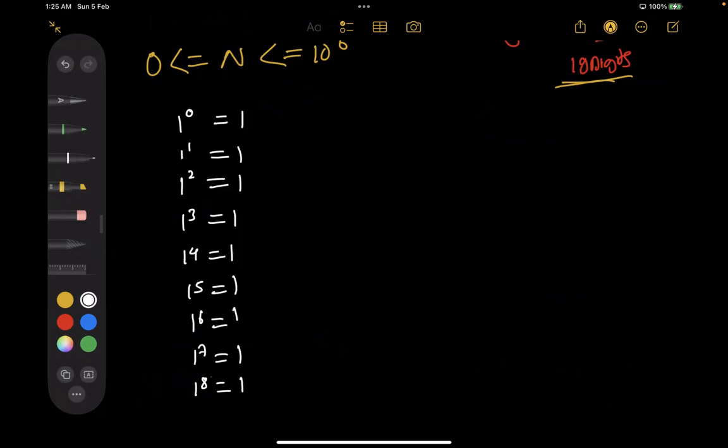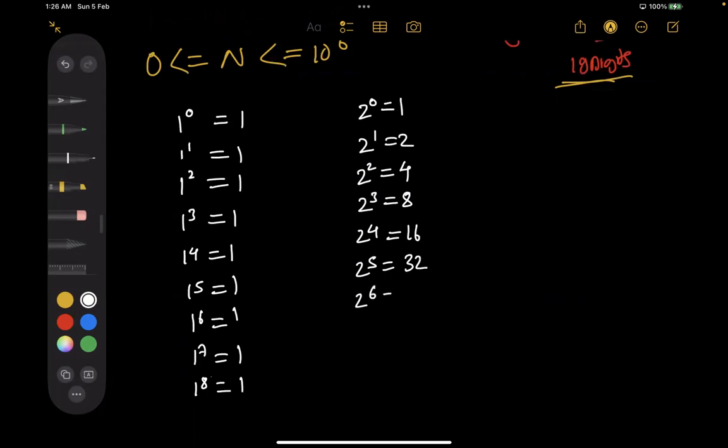Now let's take 2. 2 power 0 is 1. 2 power 1 is 2. 2 power 2 is 4. 2 power 3 is 8. 2 power 4 is 16. 2 power 5 is 32. 2 power 6 is 64.